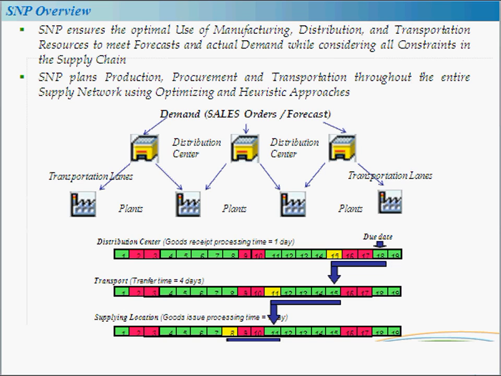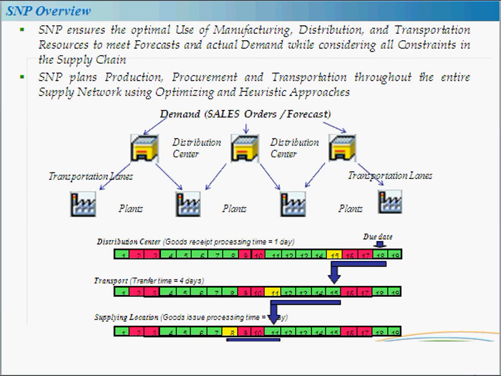So the first part we talk about in SNP is setting up this entire supply network, where we map our physical distribution centers and plants into the system. It's not just mapping the distribution centers and plants, it's about mapping their calendars, their working times, the production capacity, and all the products that they can manufacture.